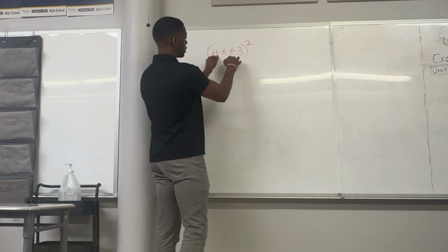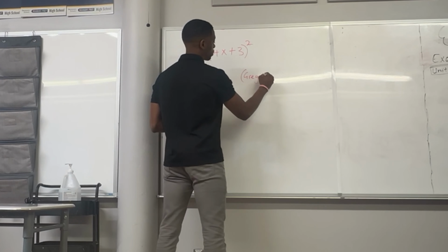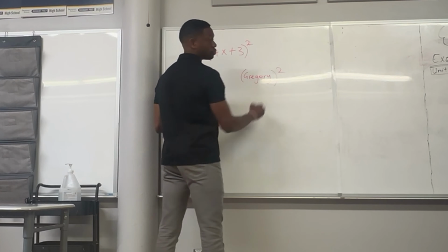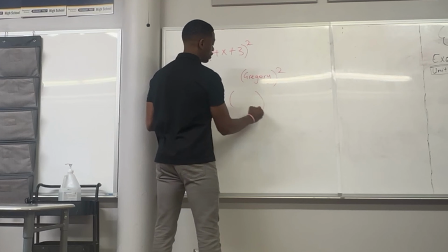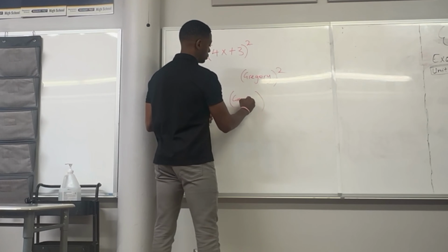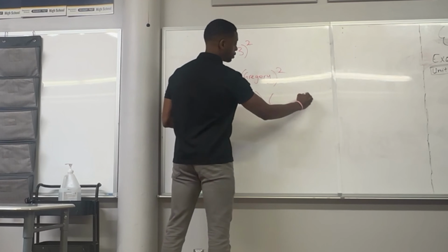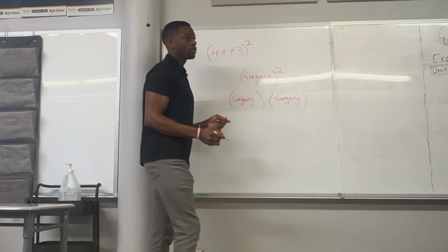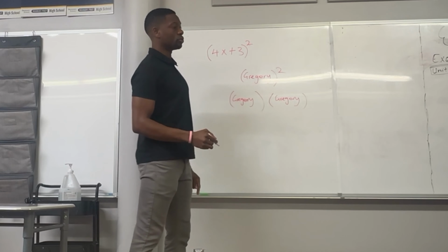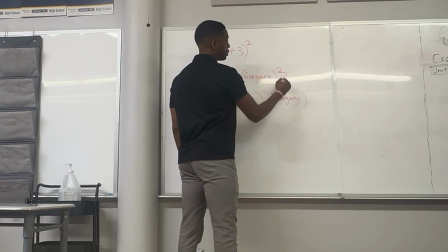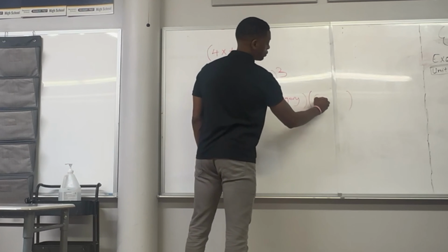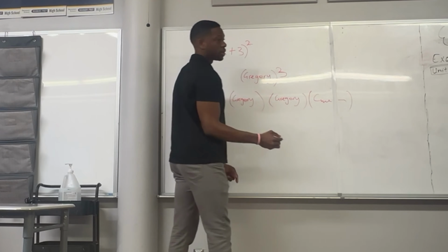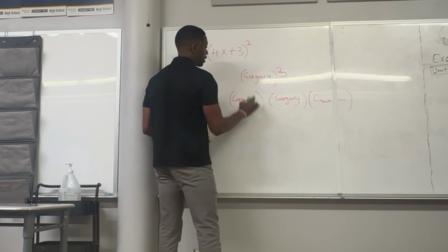Like if I say Gregory to the power 2, this means I have one Gregory here, and I have another one here. Because it's to the power 2. If it says to the power 3, I have another one. So we understand that.